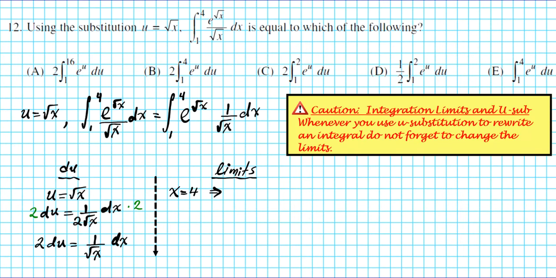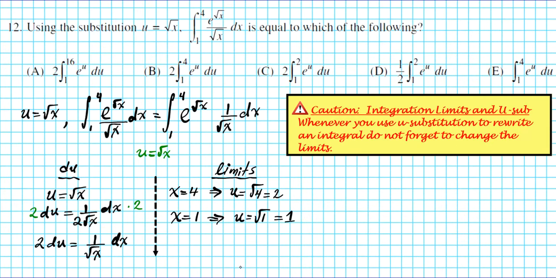Let's refresh our memory here. U is rad x. Okay, so that tells us that u is going to be the square root of 4, which is 2, our upper limit. Now for the lower limit of integration, x is 1, so that follows that u is going to be the square root of 1, which is just 1.